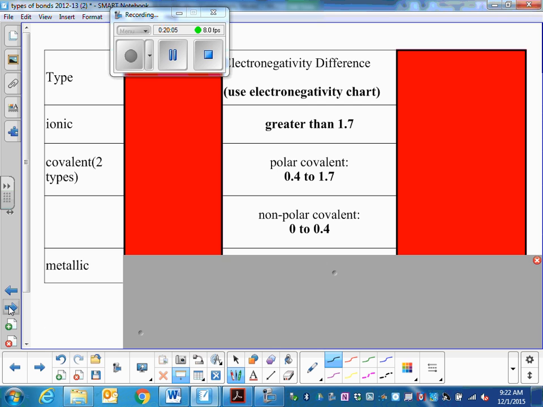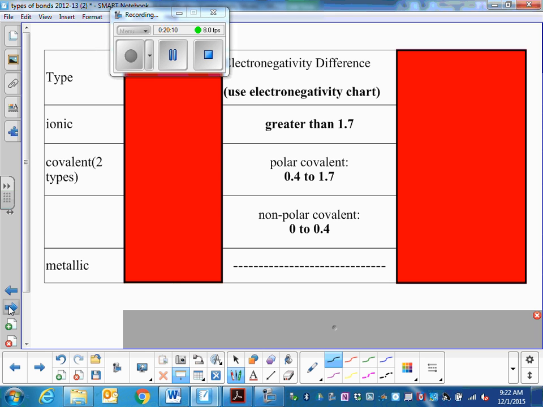So that was a good question. Bert asked, how do we know if it's polar or non-polar? We look at the electronegativity difference. When you go up to higher classes and even in other schools, this is the fundamental knowledge. There is actually no complete transfer of electrons or sharing of electrons. Everything is based on electronegativity.